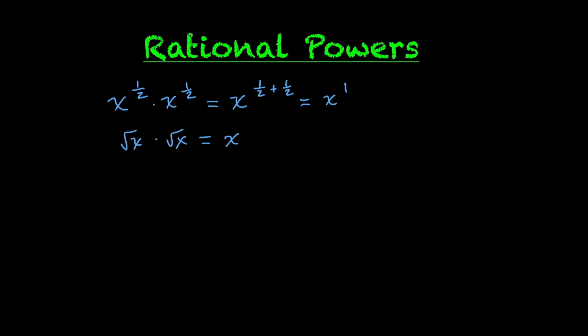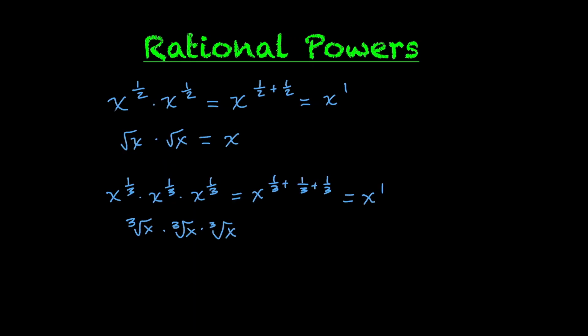All right, now this would work also with x to the third. If we did 3 copies of x to the third, that would also be x to the 1/3 plus 1/3 plus 1/3, or x to the first. And what can we multiply by itself 3 times to get back to x to the first? Well, that would be a cube root of x.